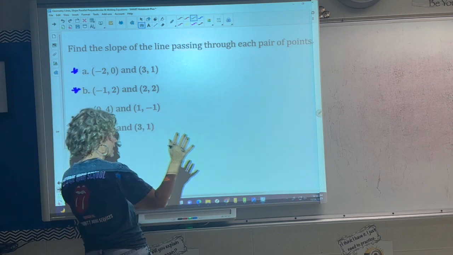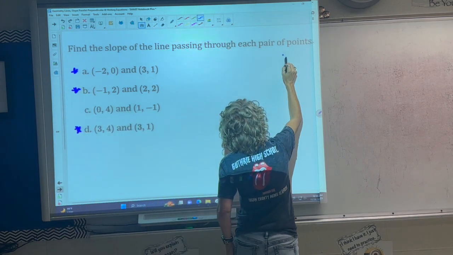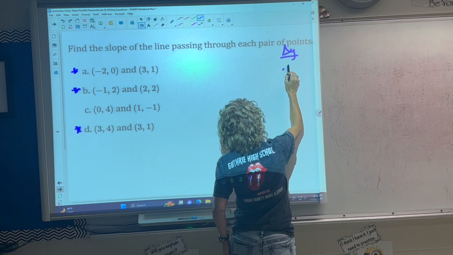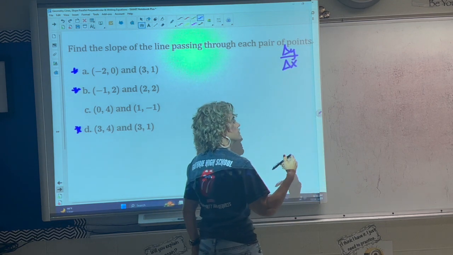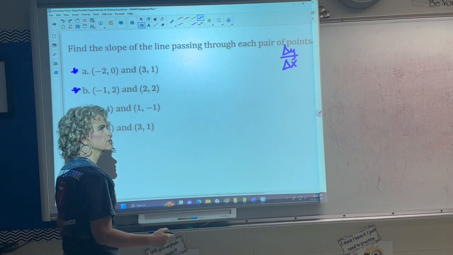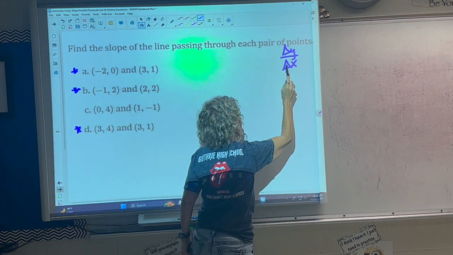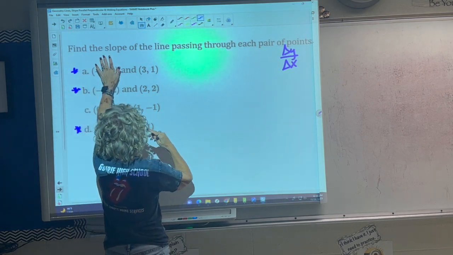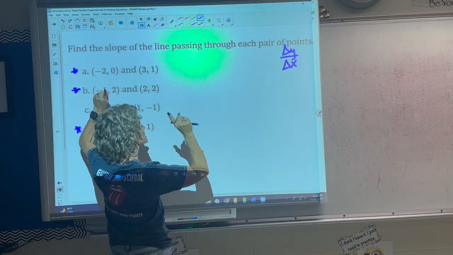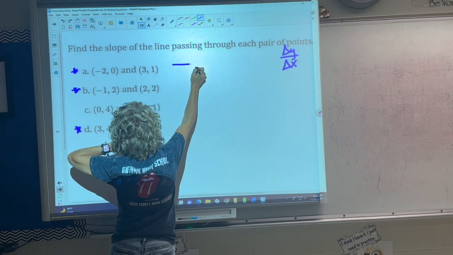Now, again, a reminder, slope is vertical change over horizontal change. Delta y over delta x. Delta means change, change means difference, difference means subtract. Subtract our y's over our x's. So I'm going to use this set of points first just because I want to. It doesn't matter as long as I'm consistent.